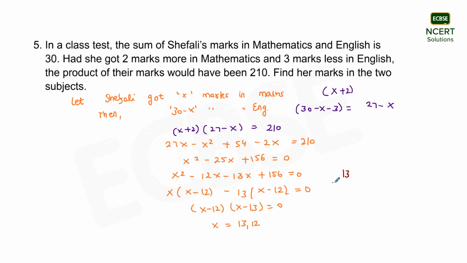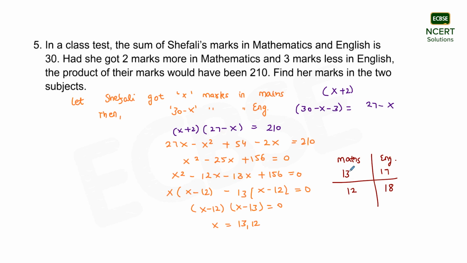If 13 is the marks she obtained in maths, then definitely in English her marks will be 30 minus x, that is 30 minus 13, which comes out to be 17. And if she got 12 marks in maths, then the marks she obtained in English will be 30 minus 12, which comes out to be 18.